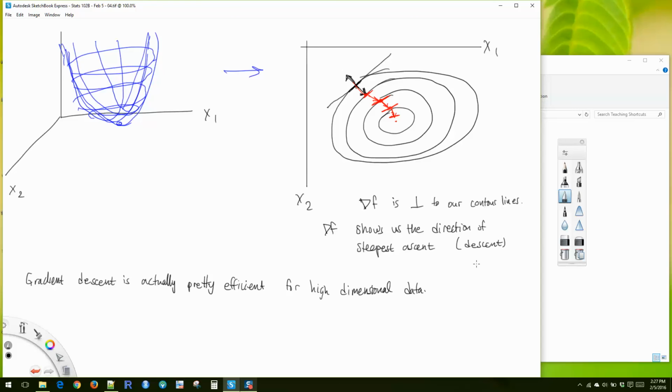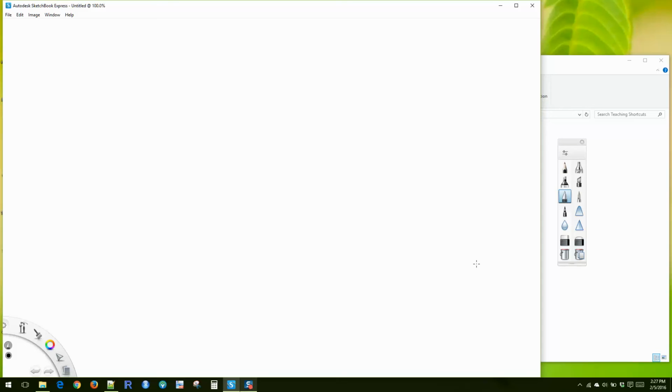What we're going to try to do is use gradient descent to find the best fit line for the following data.